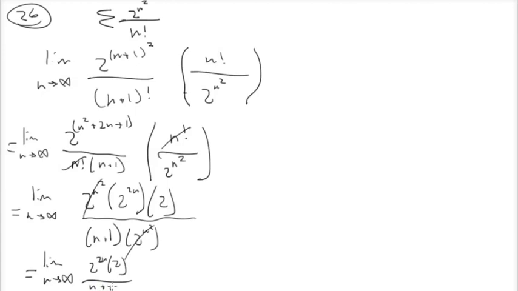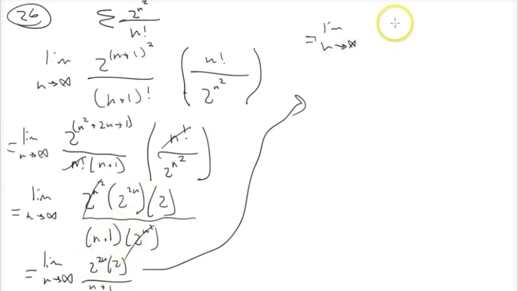And now we can start using L'Hopital's rule. So, because when we plug in infinity here, we're going to get an infinity over an infinity, and that's our indeterminate form. So, we're going to get the limit as n approaches infinity, and we're taking the derivative up here, so that constant remains. We're going to get a 2, but we also have to take the derivative of the exponent, so that that coefficient is going to become a 4.